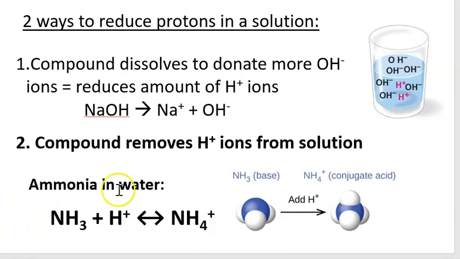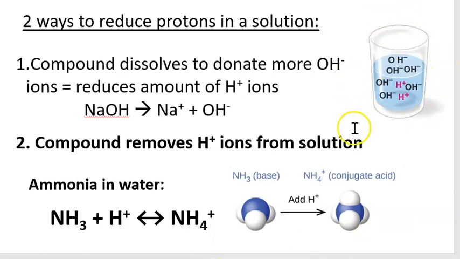You can also have a second way over here, where the example I pulled out, a really simple one, is ammonia. There's ammonia. It's nitrogen. Remember, nitrogen, just like oxygen, is an electronegative element. And this one is going to coordinate with 3 hydrogens right there. Well, if you carefully pour the ammonia into the water, it is actually going to bind up with a proton that's floating around there, and this is going to make an ammonium ion.